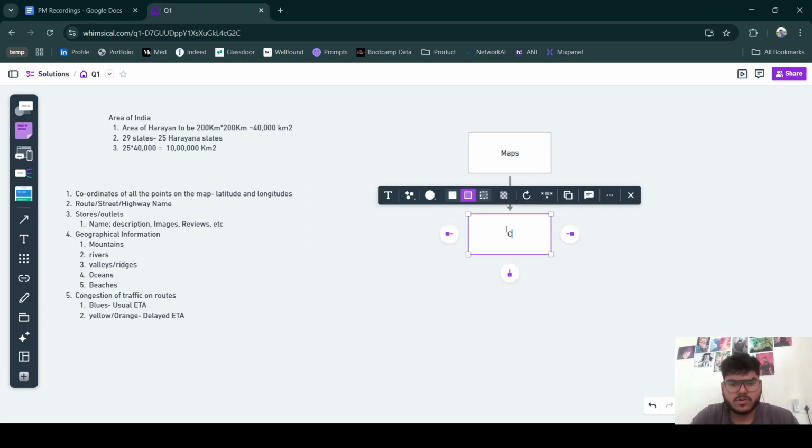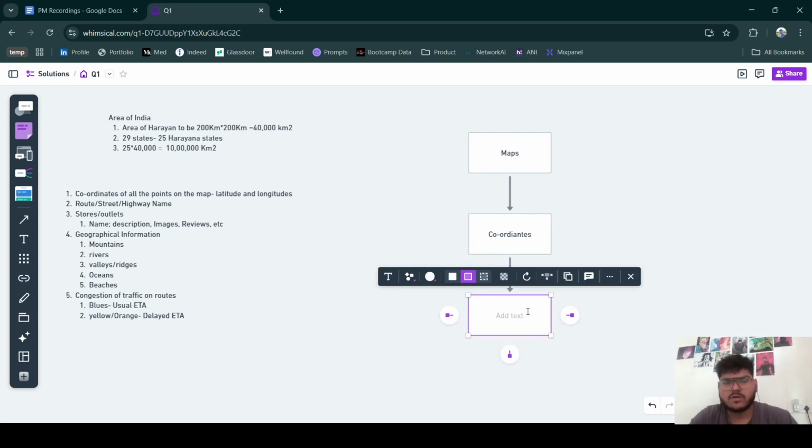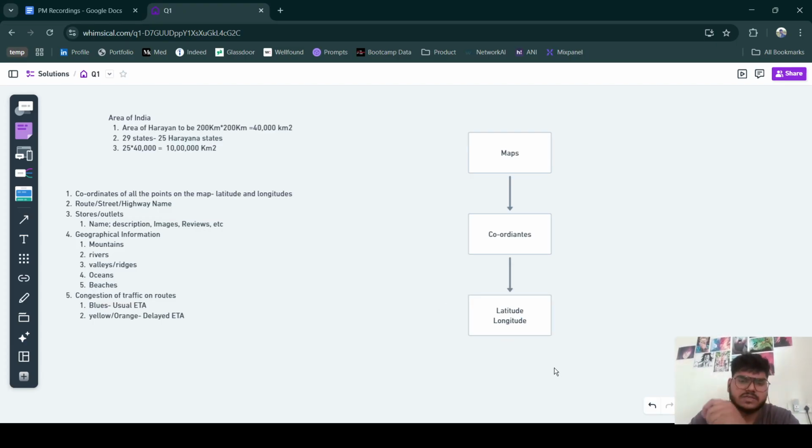Each latitude and longitude is in degrees, let's say 22 degrees, 20 degrees, and 30 minutes and 30 seconds.